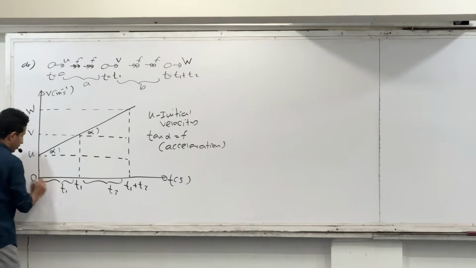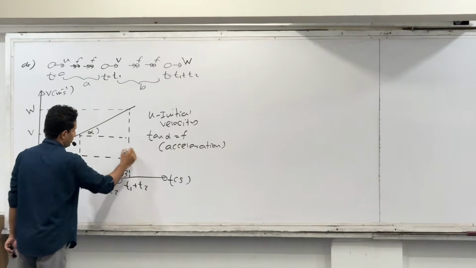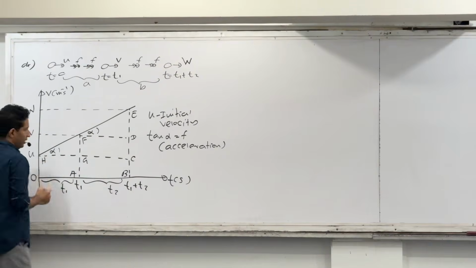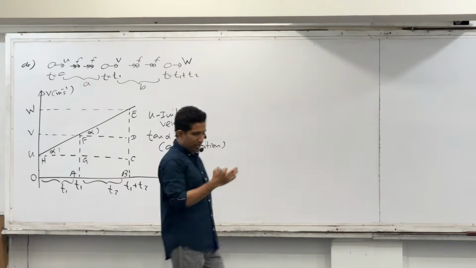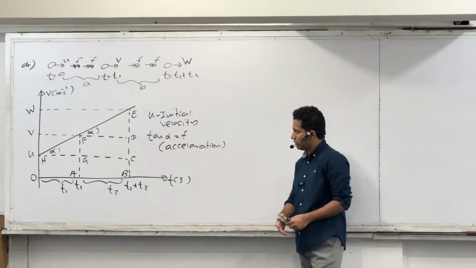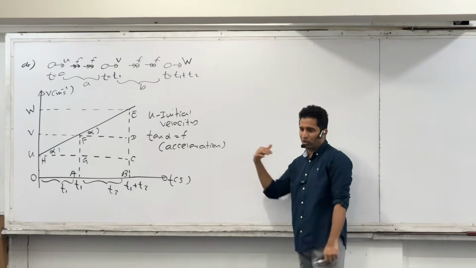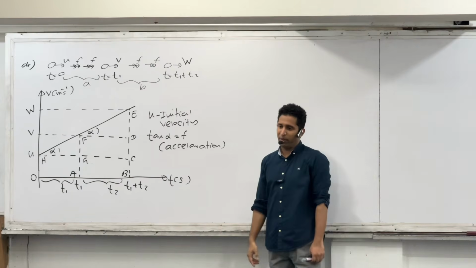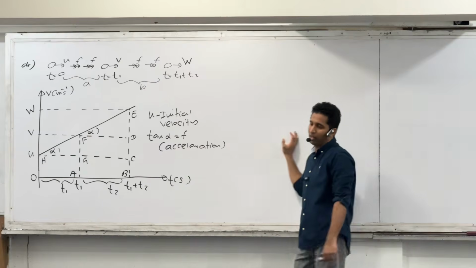Now here O, A, B, C, D, E, F, G, H. I will name the graph like this. Now we can write what we know. In a VT graph, the area under the curve is displacement. Finally, we should try to find the acceleration. But sometimes what we are writing here will be helpful to find the final answer.